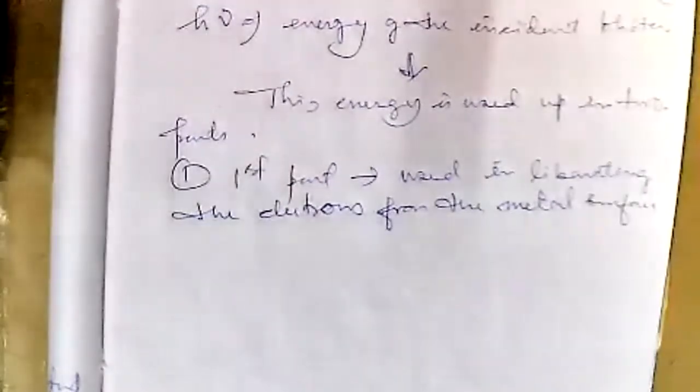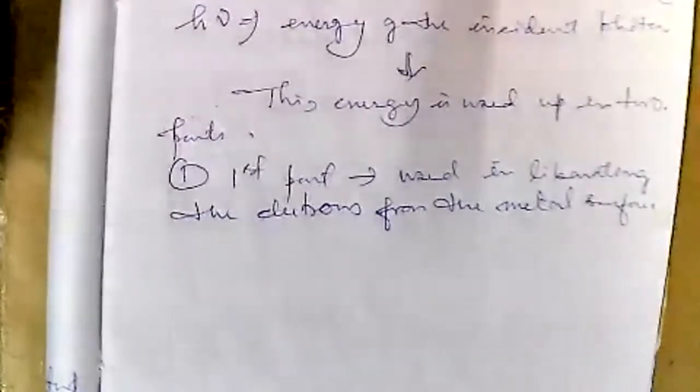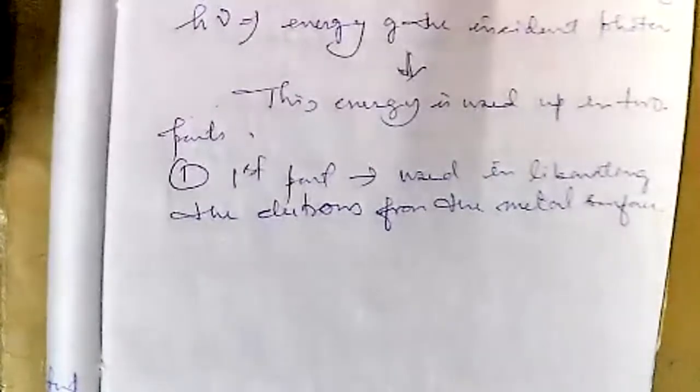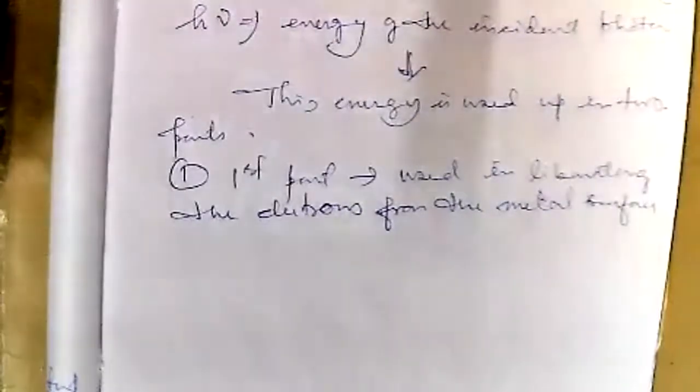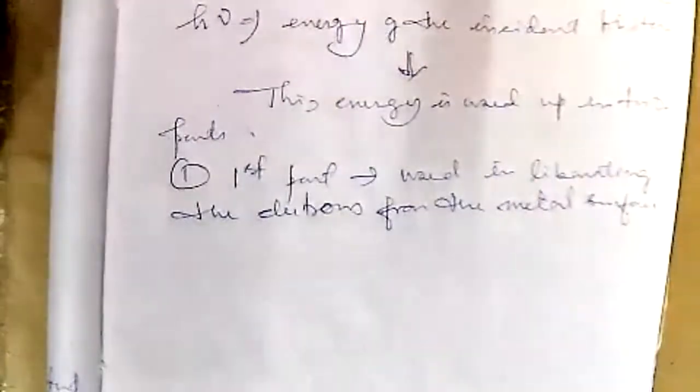That is, this energy is used up to overcome the potential barrier, or to cross the work function.